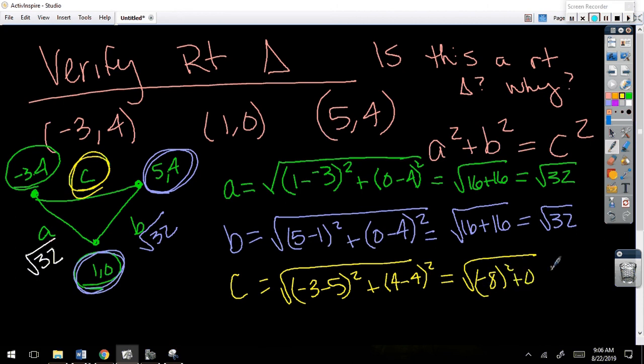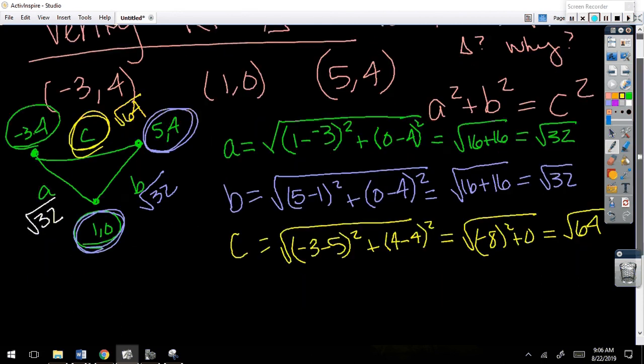Is it a right triangle? And why? Yes. Is a squared plus b squared equal to c squared? Yes. Is it? No. I don't know. I'm asking you. What is a? Square root of 32. A squared plus what is b? Squared.